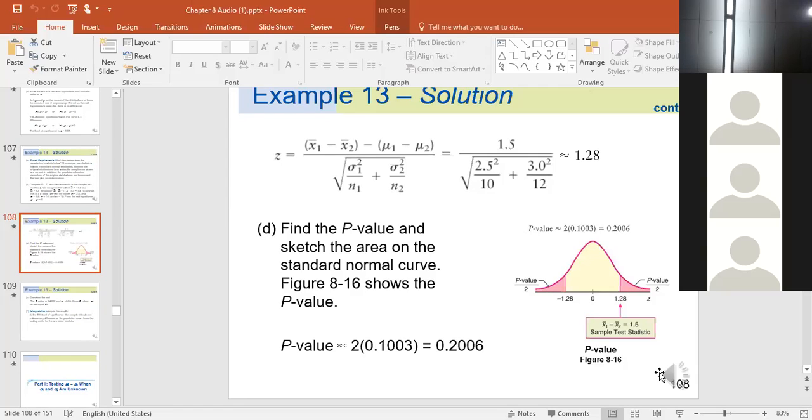Is P greater than or less than alpha? Greater than alpha, what should be our decision? Do not reject H0. Our decision is either to reject or not to reject H0 all the time.